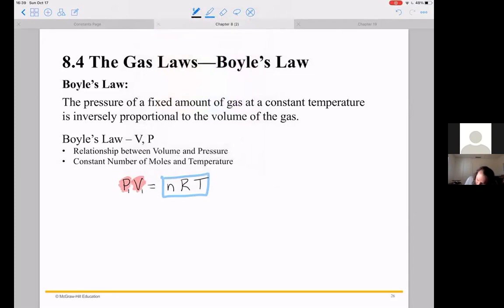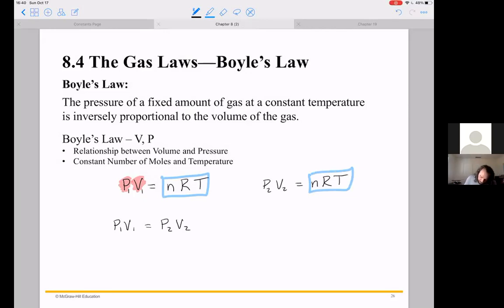So that's the same both before and afterwards. And again, both before and after, everything in blue is constant, meaning it's the same value. I don't know if that number is 5 or 5 million. It doesn't really matter. It's the same before and after, which means that I can set P1 V1 equal to P2 V2.